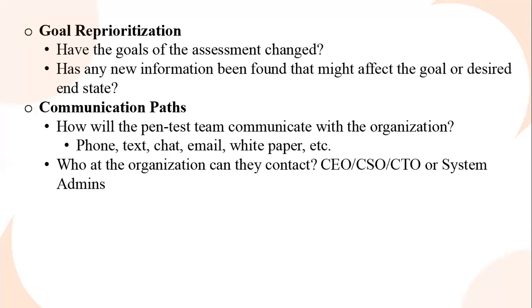So scope creep is when you go beyond what you originally intended to deploy. So for goal reprioritization: has any new information been found that might affect the goal or desired end state? You need to communicate that.